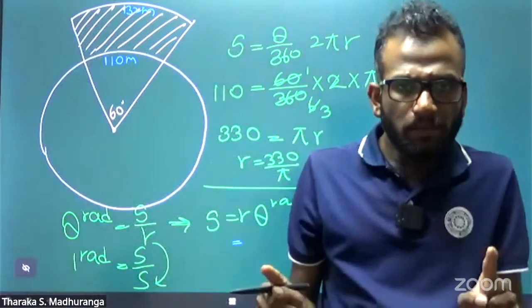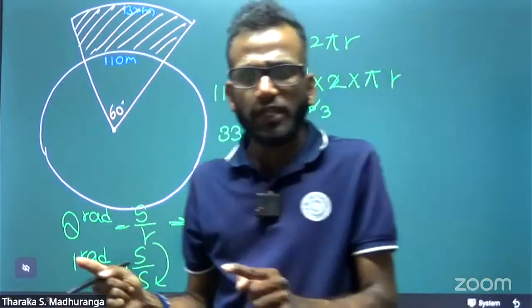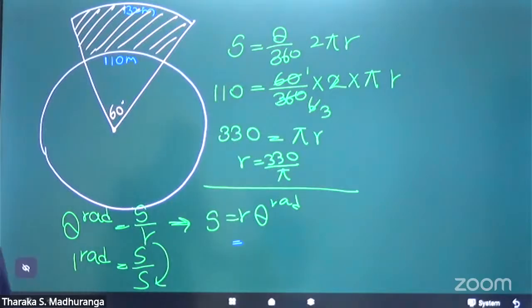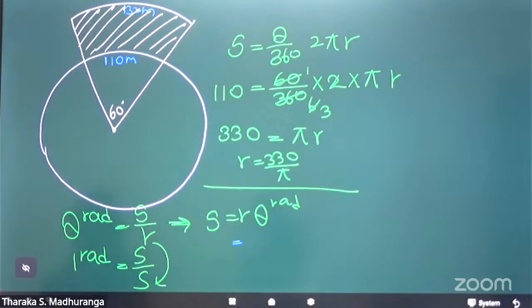Tell me, when we convert 60 degrees into radians, what is the angle? Last week we discussed, right?